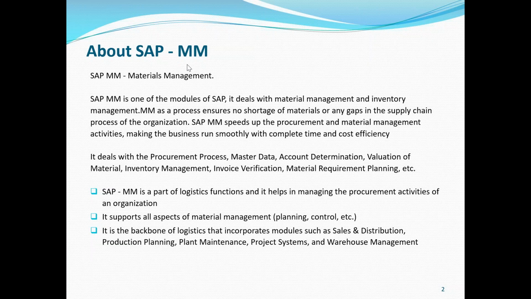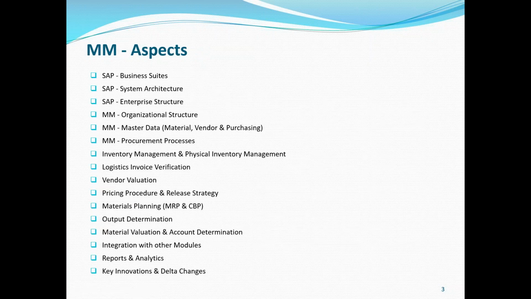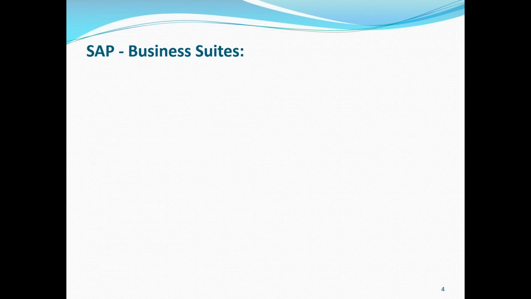As we know, MM is one of the core modules of SAP, and it is used in the procurement department. We will start our training with the very basics of SAP. First, we will try to understand what SAP is, and then the different business applications of SAP.